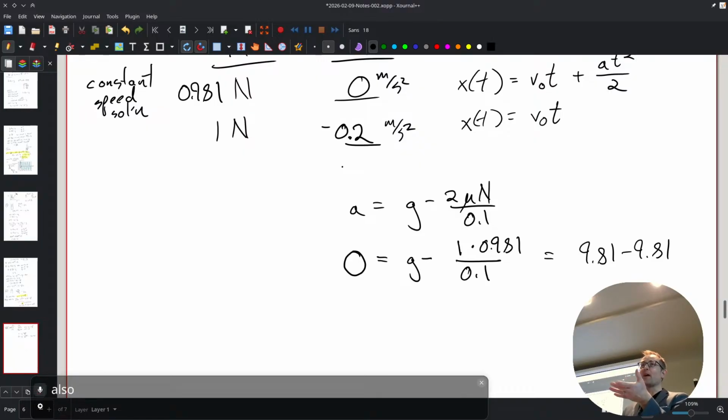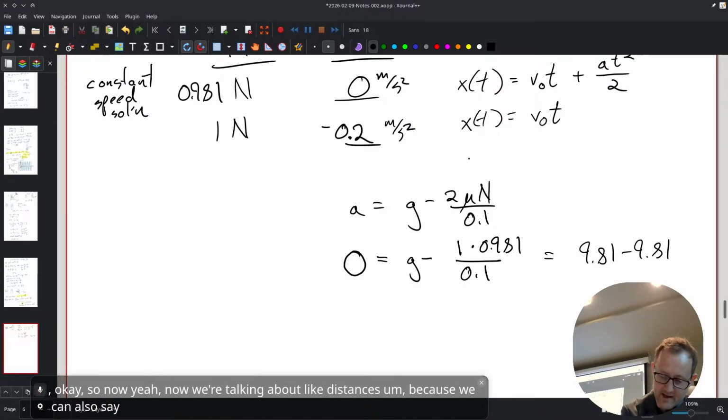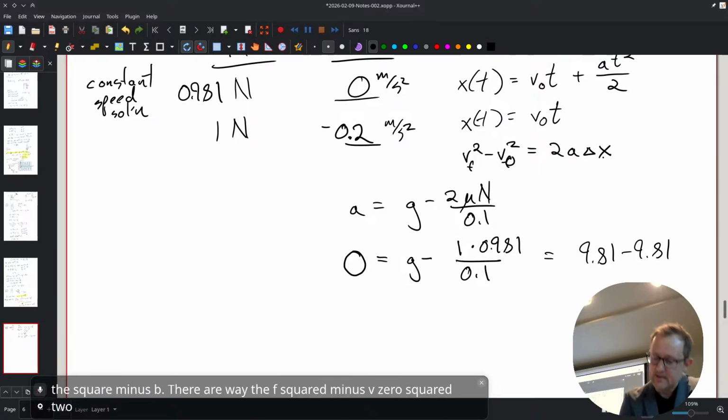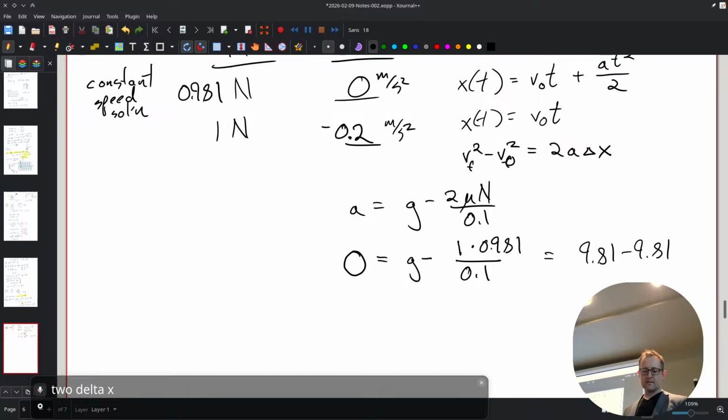25 meters. Okay, so now we're talking about distances, because we can also say vf squared minus v0 squared is 2a delta x. So 3 squared equals 2a delta x.